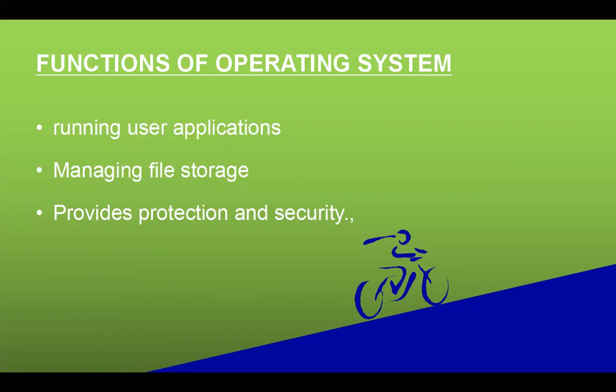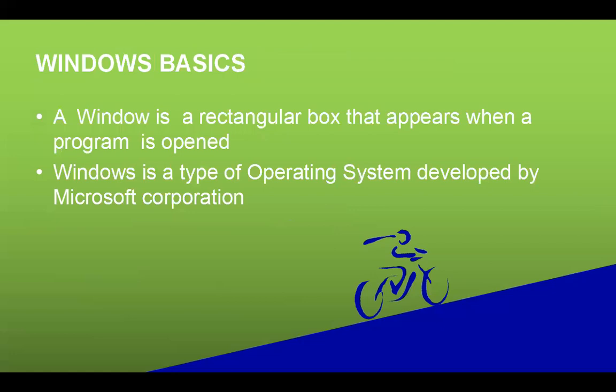There could be use of various storage devices, so the operating system manages the storing of various information in these storage devices. The last one is that it provides protection and security. The OS runs the antivirus and other protective programs that can protect your computer from any malicious activities.